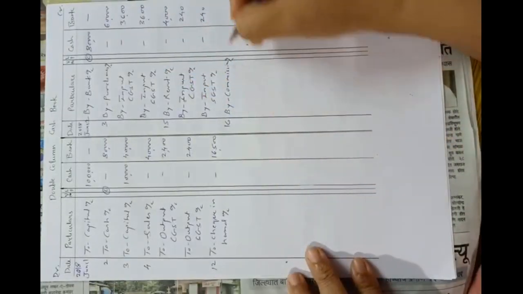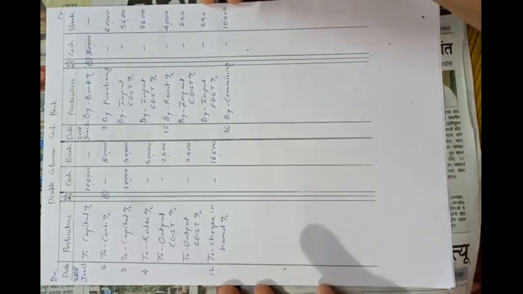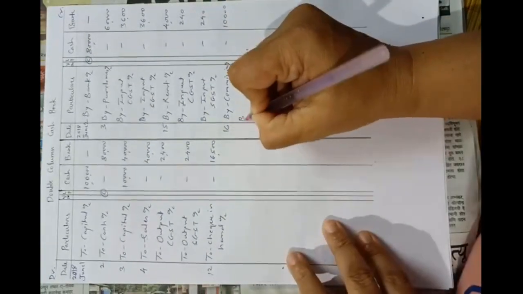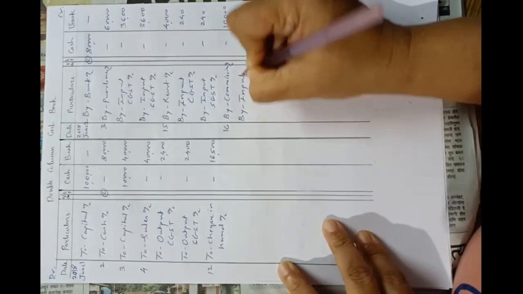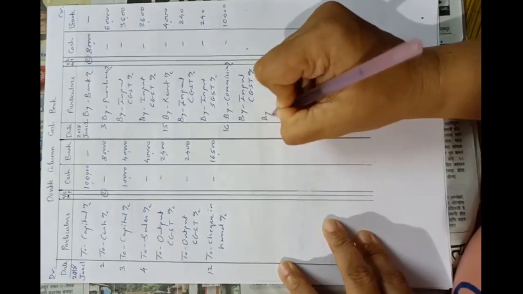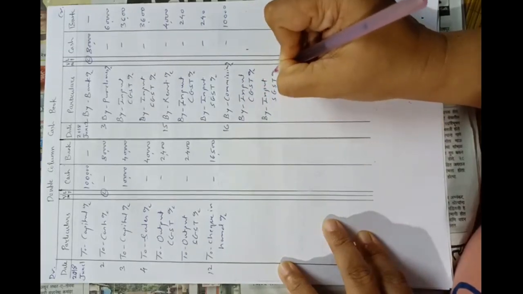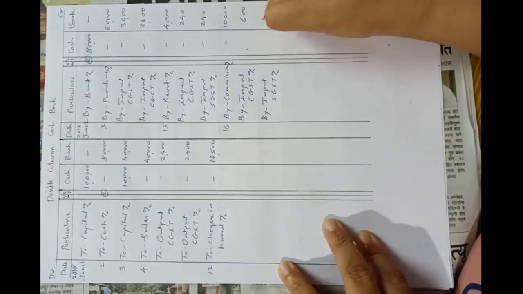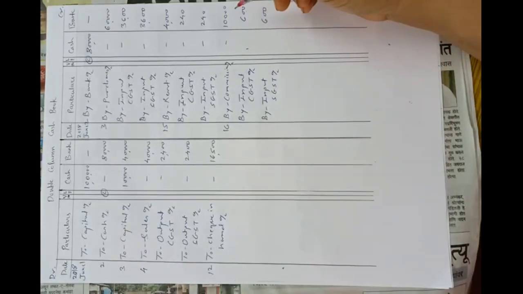Here by commission 10,000, by input GST account, 600 and 600, total 11,200 as per the given amount was paid as commission by check.